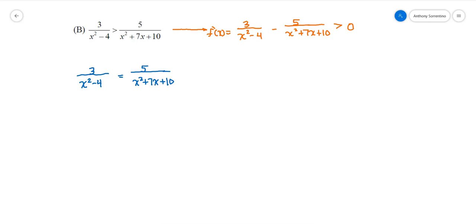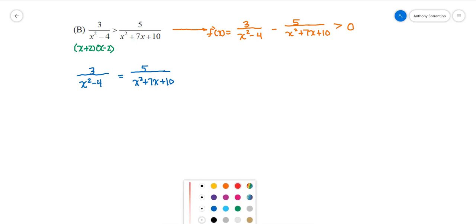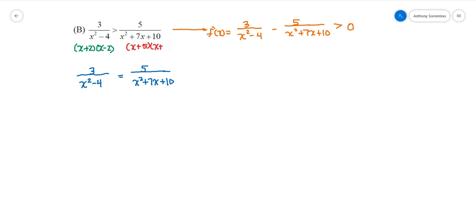And so I have to keep in mind that when I look at these functions, x squared minus 4 factors into x plus 2 and x minus 2. X squared plus 7x plus 10 factors into x plus 5 and x plus 2. So these do indeed factor, and it does give me some domain restrictions.